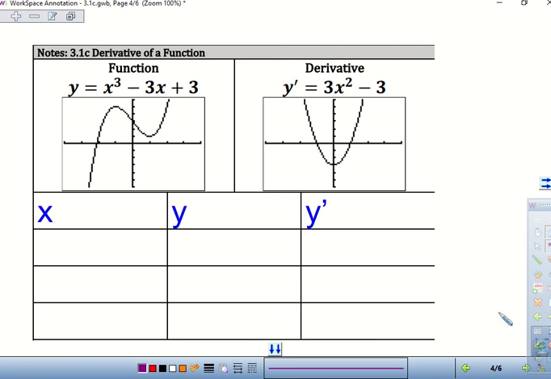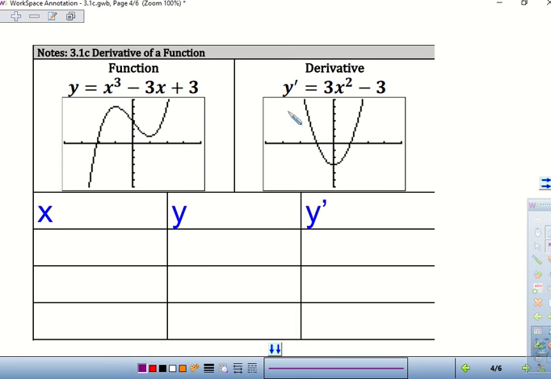Now we're going to analyze this so you can have a better understanding of what's happening here. As you can see, we have the function x cubed minus 3x plus 3. What classification of polynomial is that? Cubic, right?